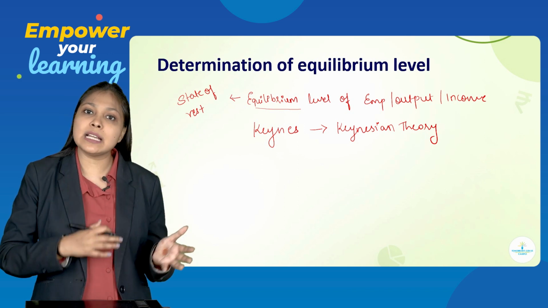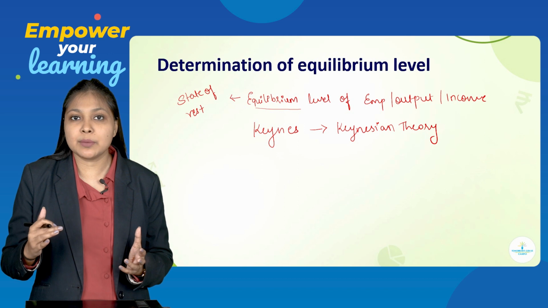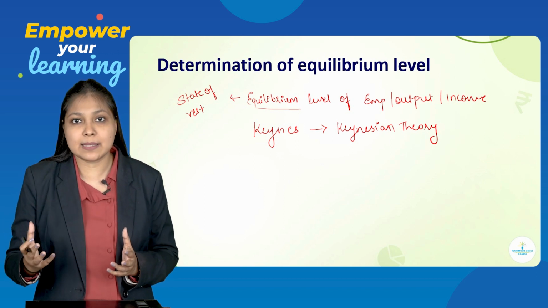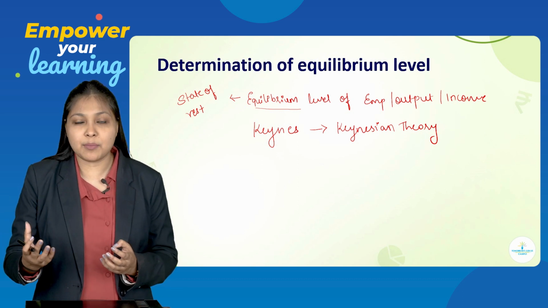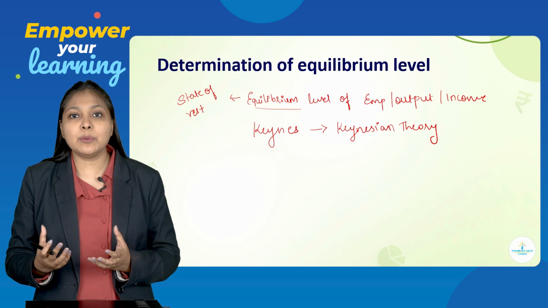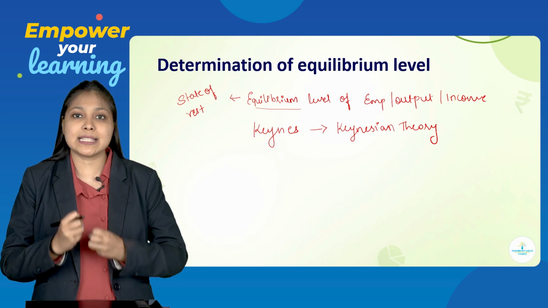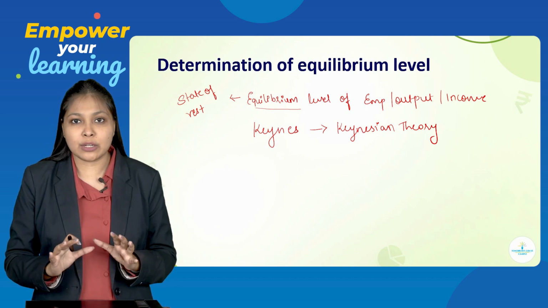So, when we studied consumer equilibrium, consumers used to come at equilibrium stage when their satisfaction was maximum. Producers were at equilibrium when their profit was maximum, and market was at equilibrium when producers and consumers both were intersecting with each other. So, that was about our microeconomics.